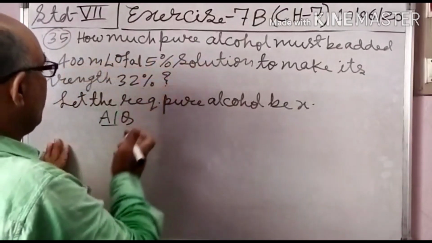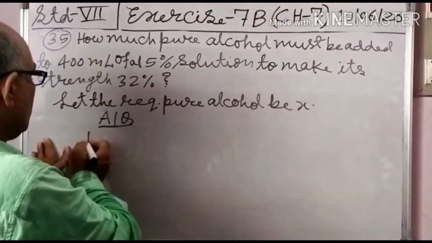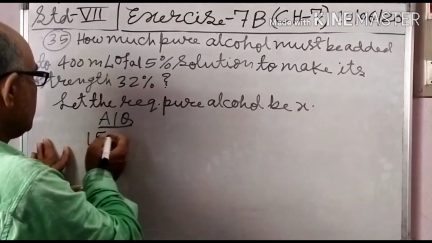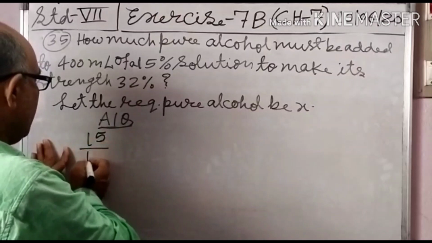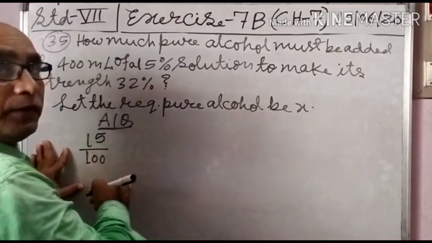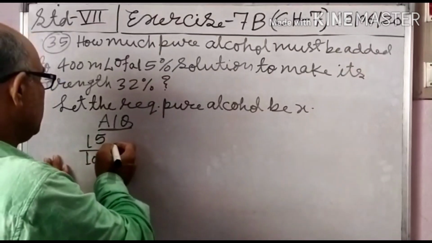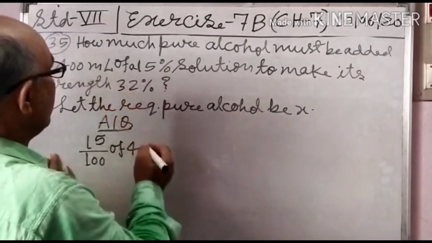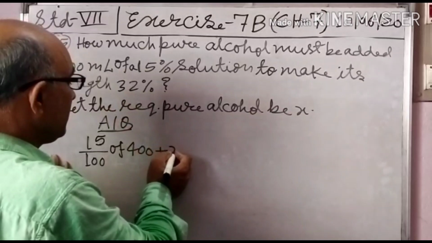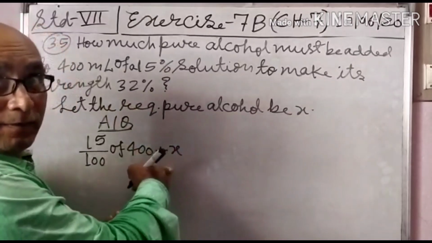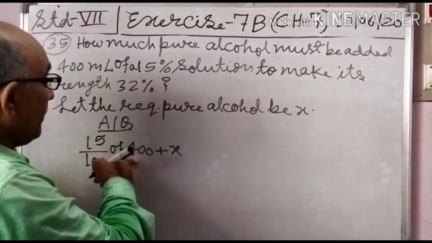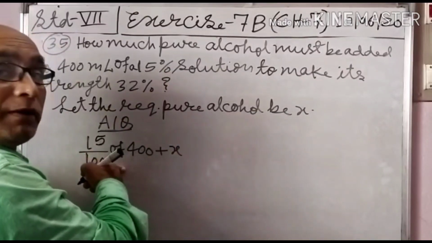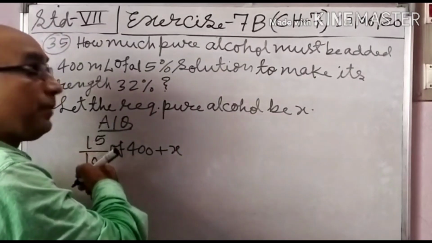400 ml of 15%. So according to question 15% means 15 by 100 of 400 ml plus added x ml pure alcohol. In 400 ml solution, its pure alcohol be 15%.